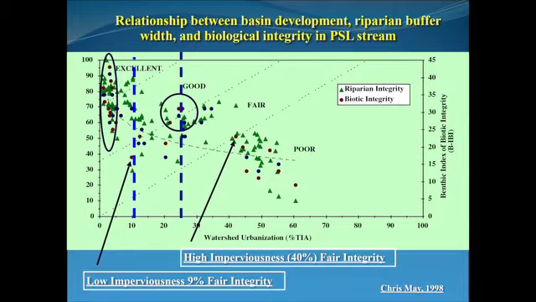Just before the low impact development document that I showed you came out, this chart came out that I used over and over again. A lot of people use it. It came out of Washington State. There was a study of riparian and biotic integrity as a function of watershed urbanization. It really shouldn't surprise anyone, but it was a great document that we all depended on for a long time that basically gave some justification, some scientific credence that yes, as urbanization goes up, water quality goes down.